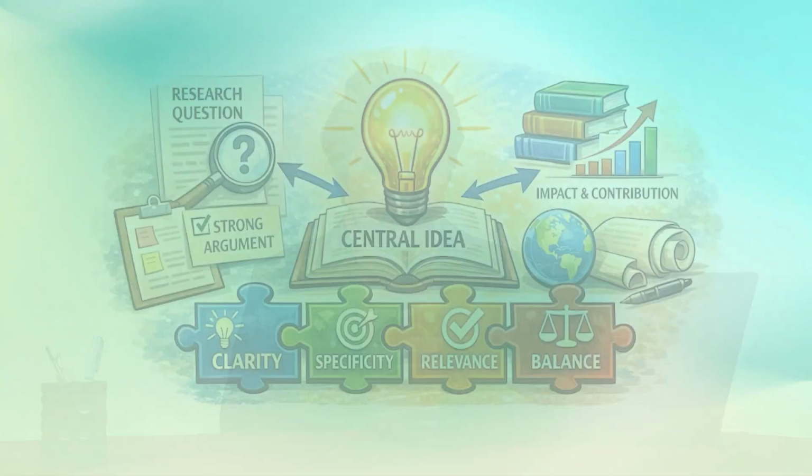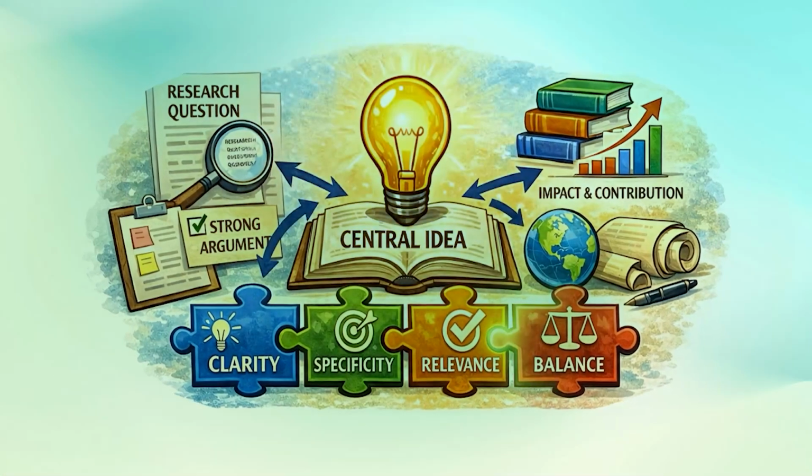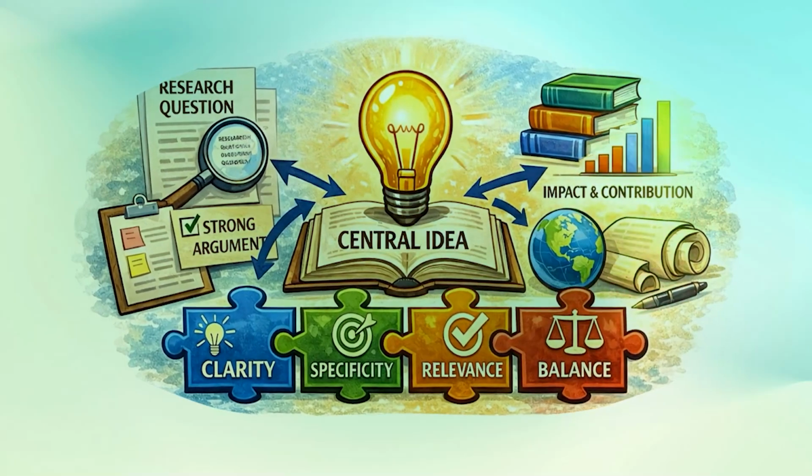There has to be something original filling a gap in that research area. And the final one is balance. We must remember that it should be ambitious yet feasible, and it should have connection with the method and data that has been collected in the course of the research work.